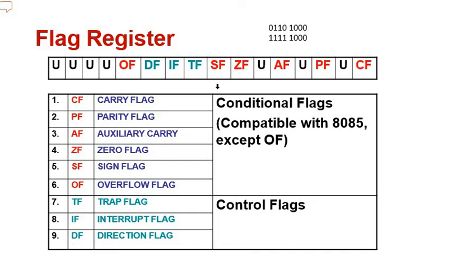The conditional flags are the carry flag, parity flag, auxiliary carry flag, zero flag, sign flag, and overflow flag. Whenever addition or subtraction is executed in a program, the carry flag will be updated if a carry or a borrow is obtained. It is also used to indicate the smallest or largest number.